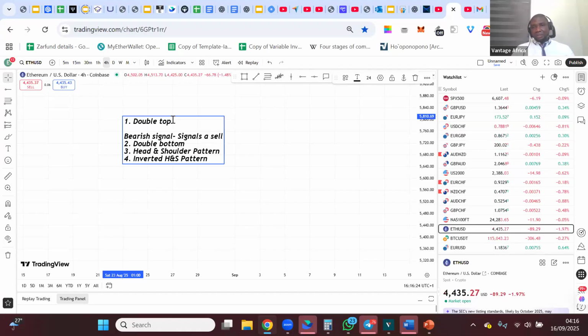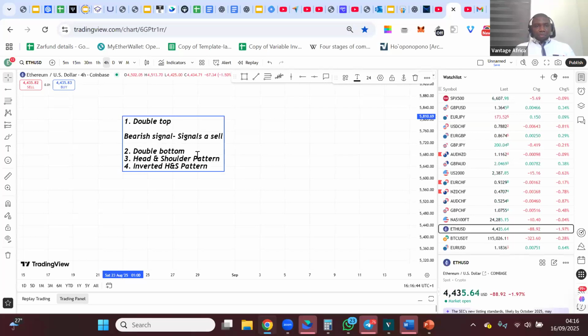I will show us this on the chart so that we can understand what we're talking about. Anywhere you see a double top pattern is a signal for a sell. It's telling you there is a high probability that price is going to sell from that point.